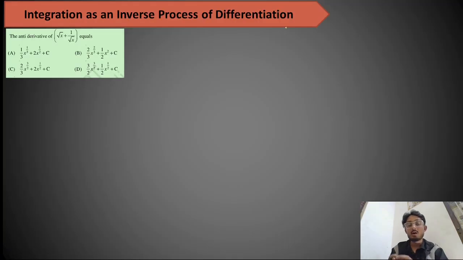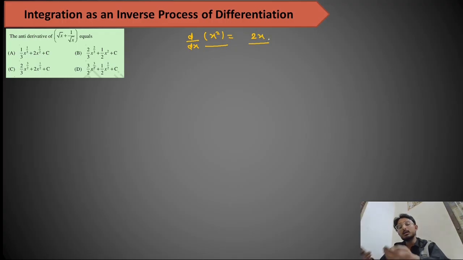First of all, we understood what differentiation is. Differentiation is defined as d by dx. If you find the differentiation of x square, you will get 2x. So integration is the reverse of differentiation.